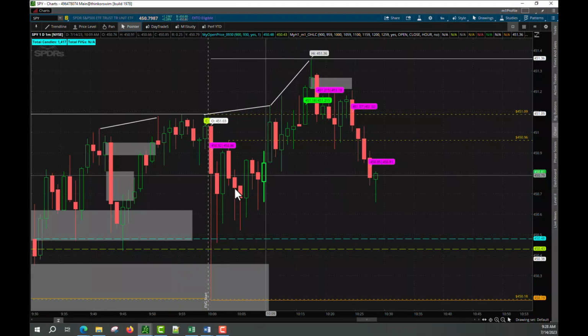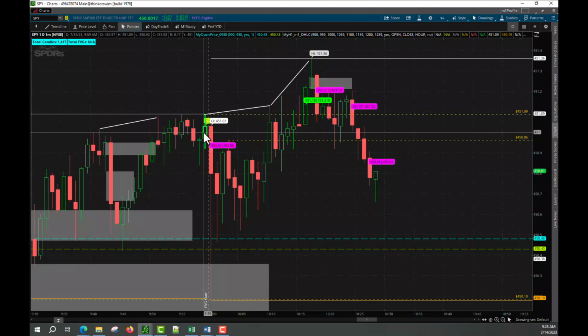Wow, this one did not make a new high. This one is an equal high. So that's why it's not reliable. Right? What's the high of this one? Oh, 9.